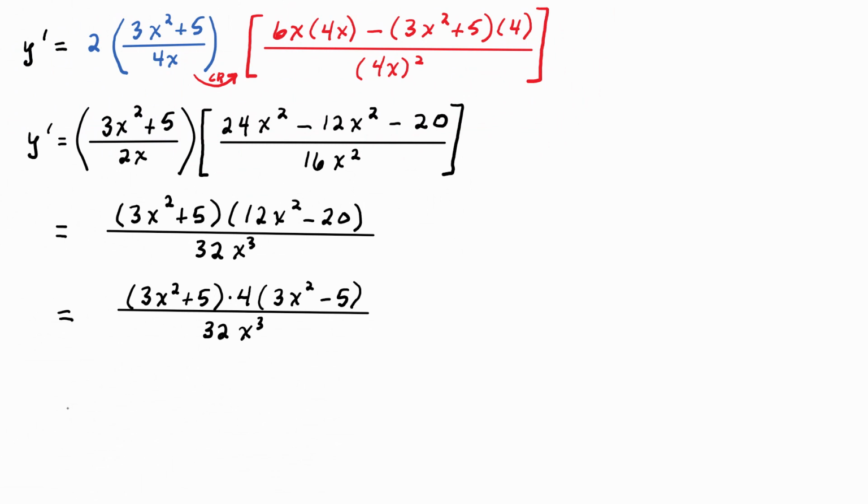And then finally, this 4 will cancel with the 32, and we can simplify. The numerator will be 3x squared plus 5 times 3x squared minus 5. We already said the 4 will cancel with that 32, so it becomes an 8, and we still have x cubed in the denominator.